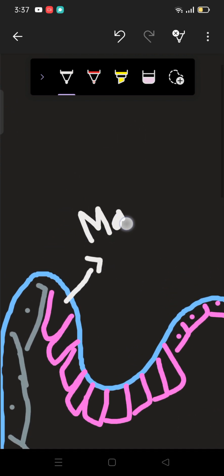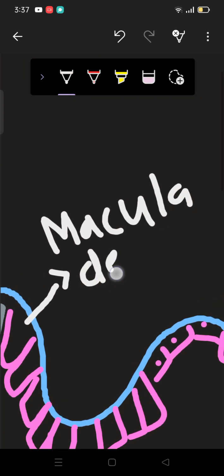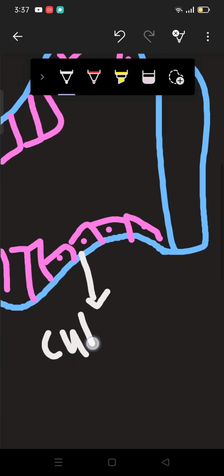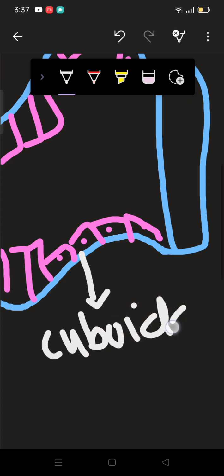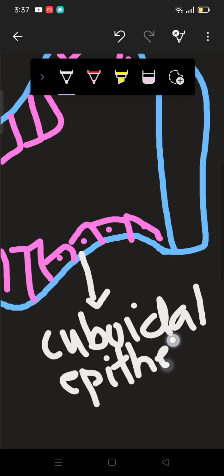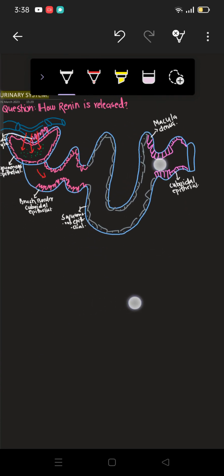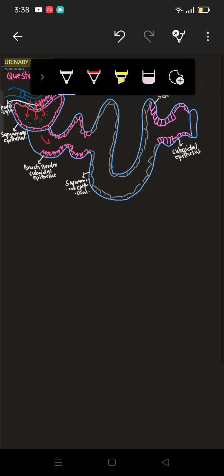These are a modified version of cuboidal epithelial, while these other cells are known as cuboidal epithelial. So here I have mentioned their names as well.